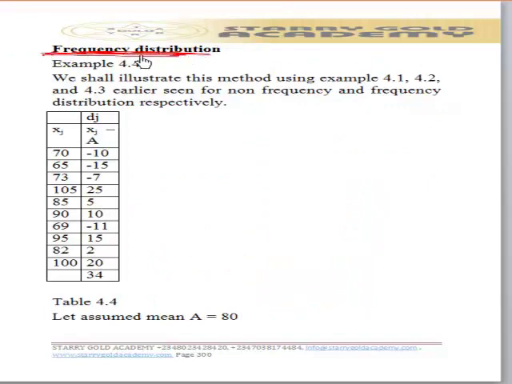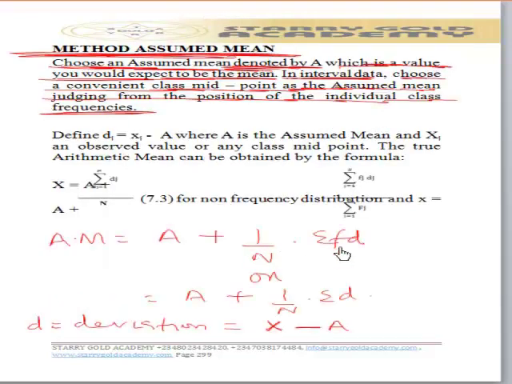If we have a frequency distribution, that is what informs this formula. If the question given to us has frequency and we are asked to compute the arithmetic mean using the assumed mean method, then the formula is A plus 1 over n summation fD.